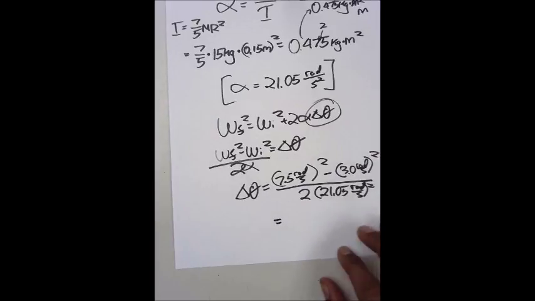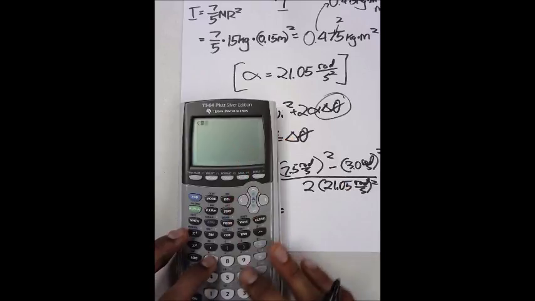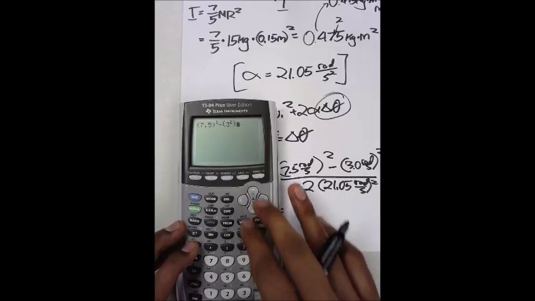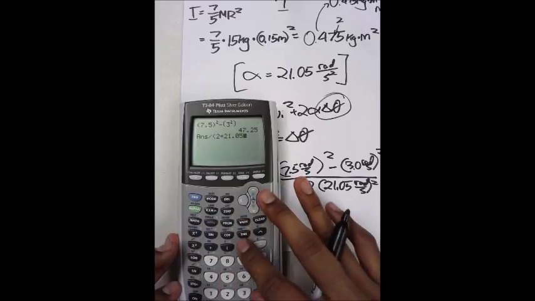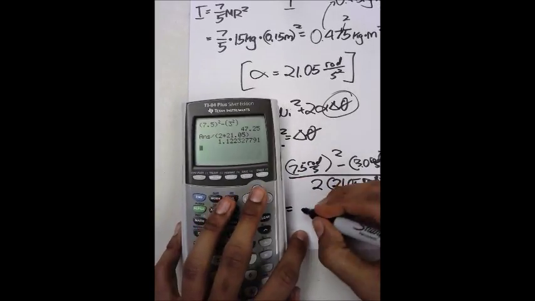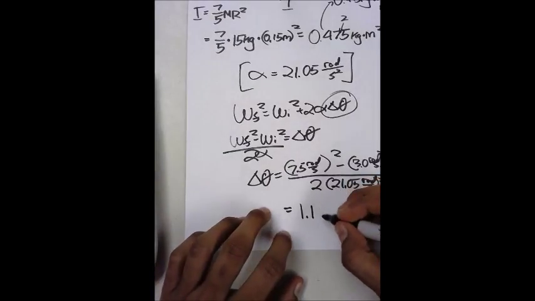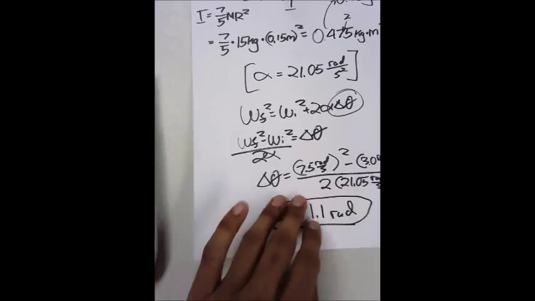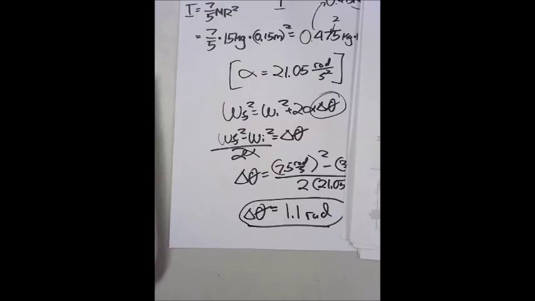When we multiply all of this out, we get 7.5 squared minus 3 squared, all divided by 2 times 21.05. All right, so we end up with 1.1. I think that's the correct answer with sig figs. Let me make sure. We should get around 1.1 radians. That would have kind of sucked if I did all this work and the answer was wrong. All right, so that is our answer.